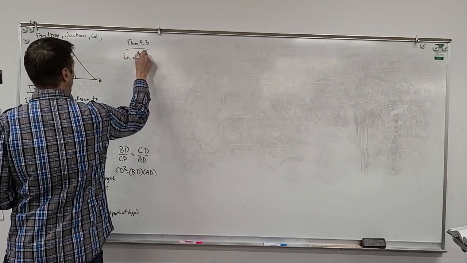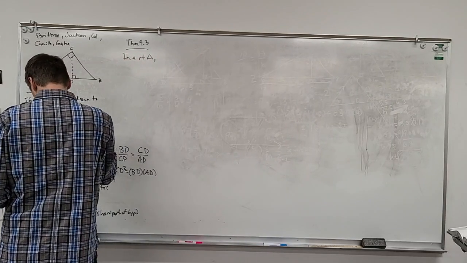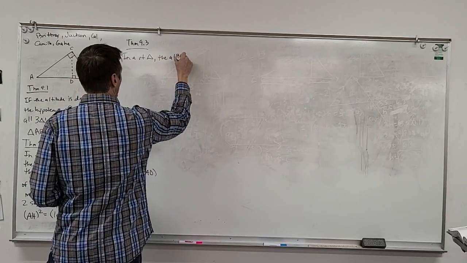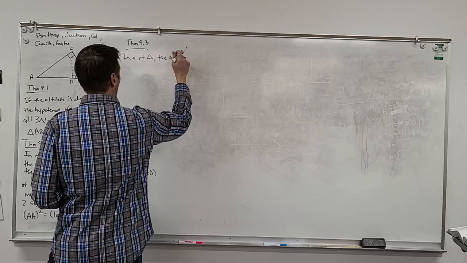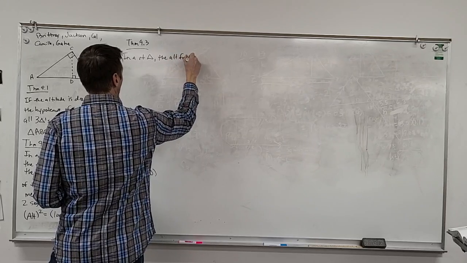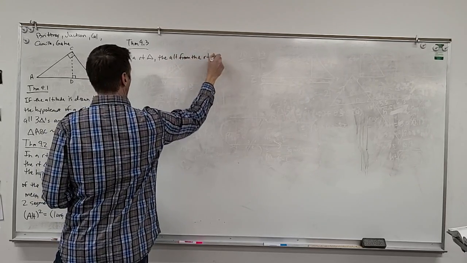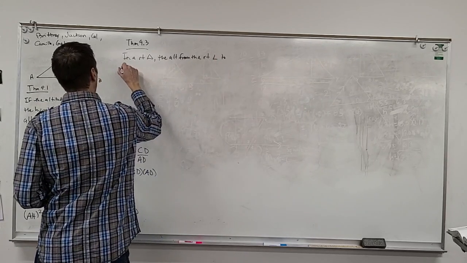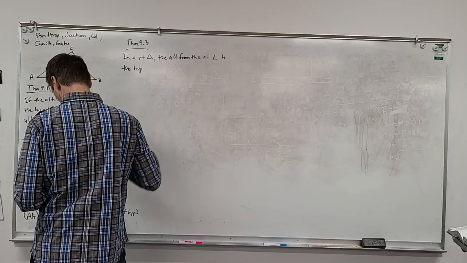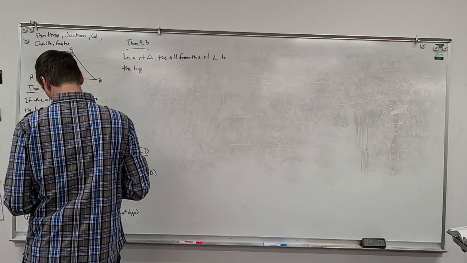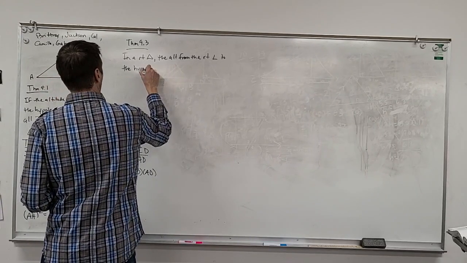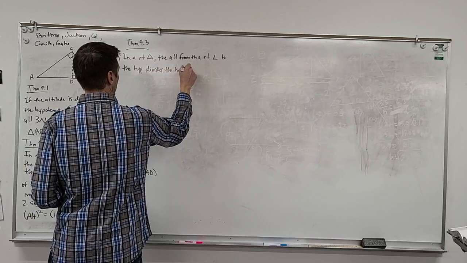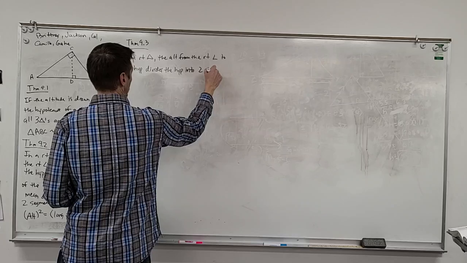In a right triangle, the altitude from a right angle to the hypotenuse divides the hypotenuse into two segments.